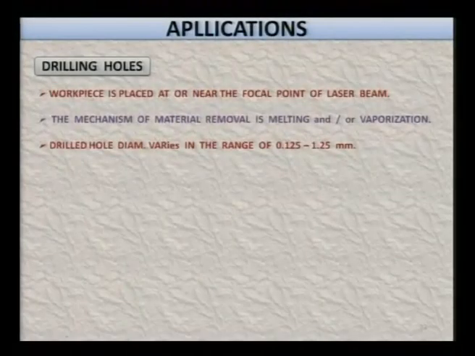The largest diameter that one can normally obtain is around 1 millimeter or so. So, you can have the range of the drilled hole diameter as 0.125 to 1.25 millimeter.